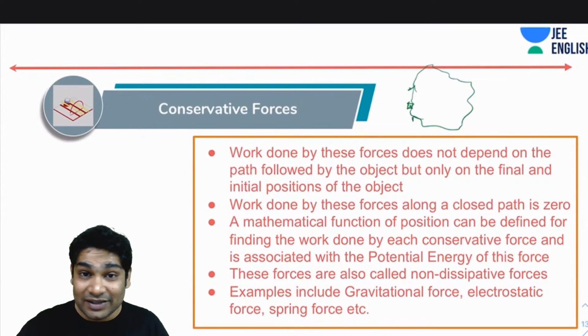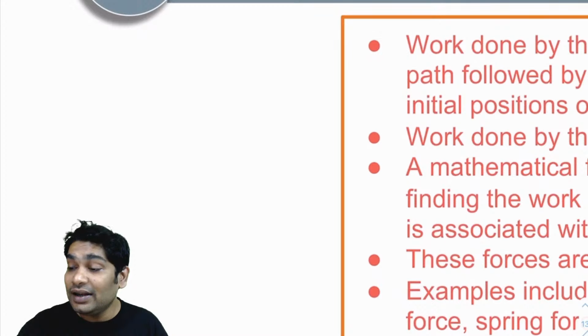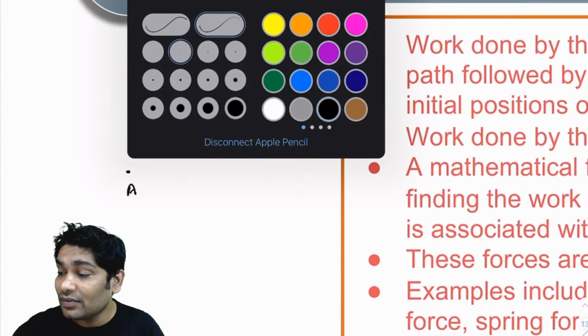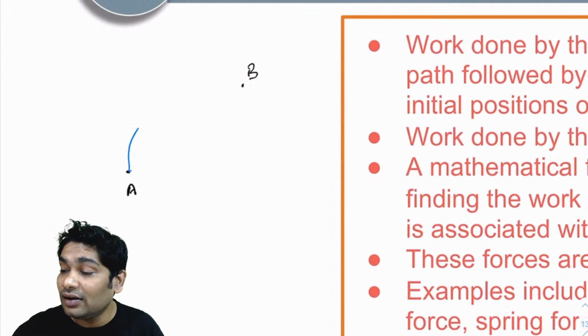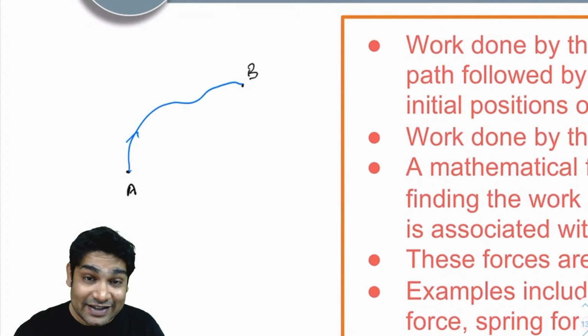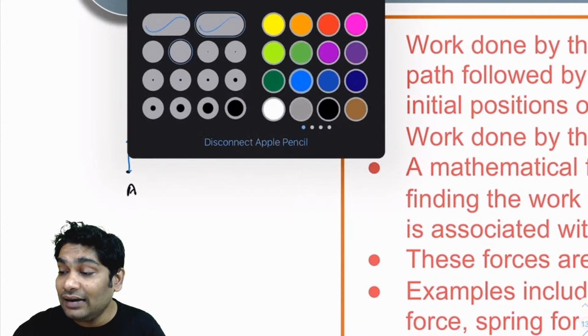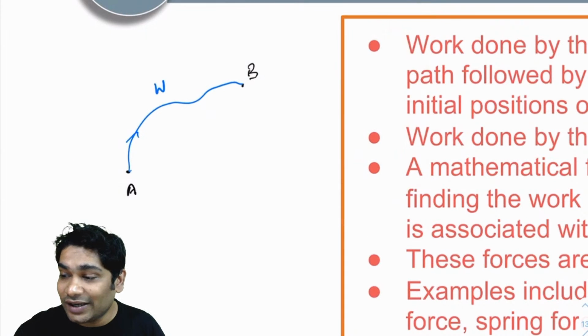So let's take up an example. Let's say that a block starts from point A here and moves to a point B here, and it goes about a path, let's say like this. So this is how it went, and let's say the work done was W. And it comes back along another path like this.